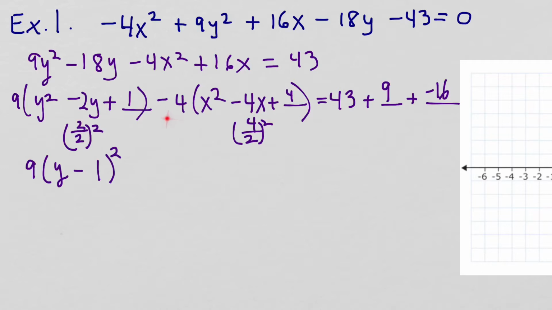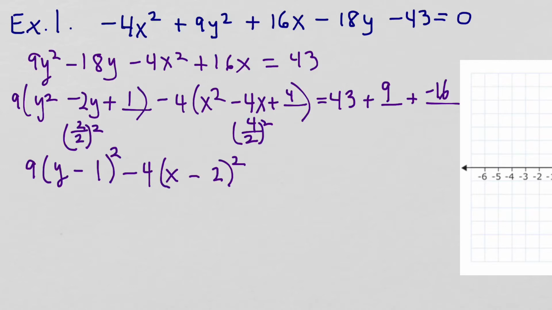Now here I'm going to bring down the minus and the 4 from in front. Now I need the factored form of this perfect square trinomial. So I get the x from the square root of x squared, and the square root of 4, 2, I put that here, and my sign from right here.